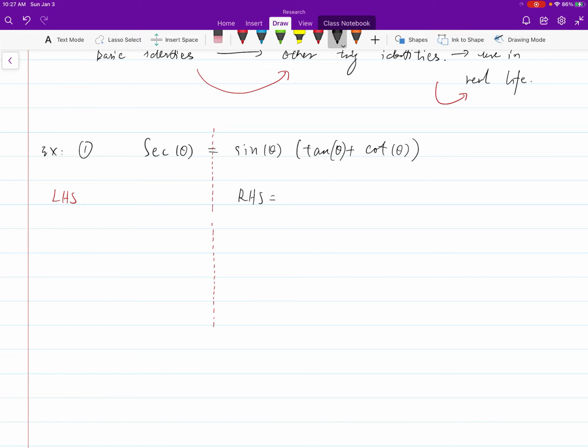They are not at first, of course. And which way to go? For simplification, we always go from the side which has more terms, because we're hoping they become fewer terms. So right-hand side equals, then it's reduced to simplification, right? Tangent plus cotangent. Oh, I should use theta.